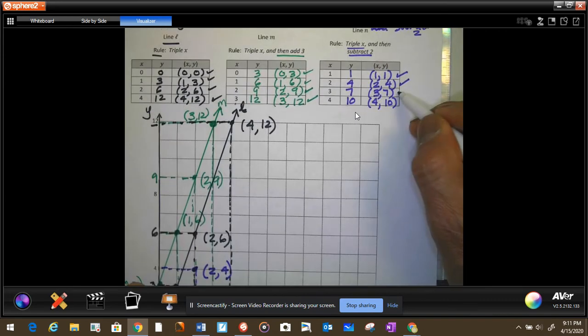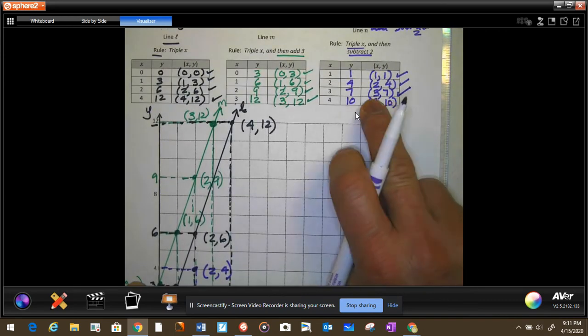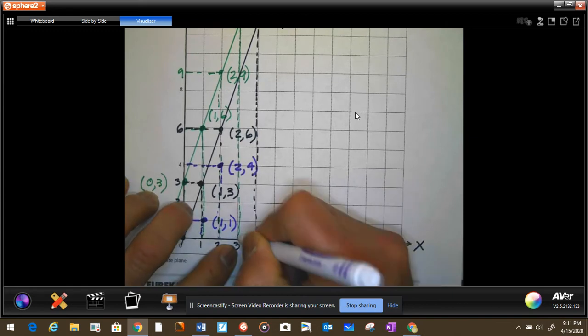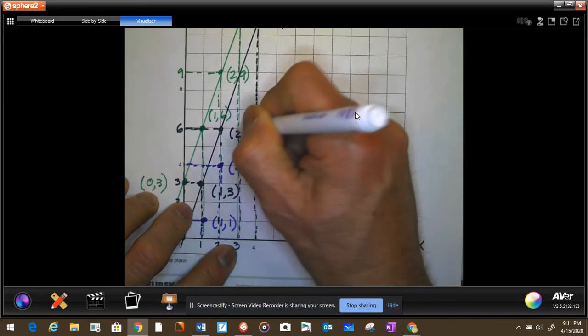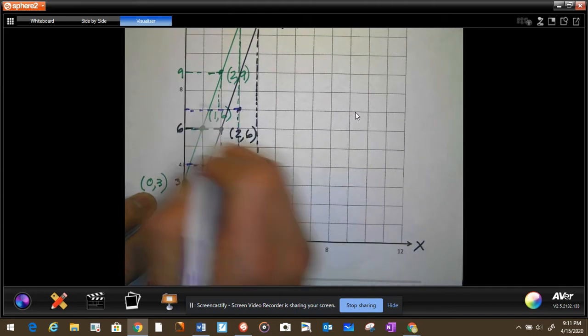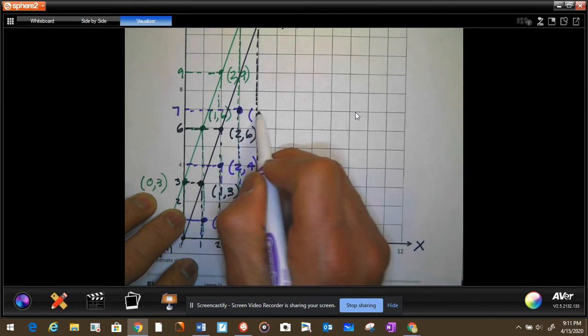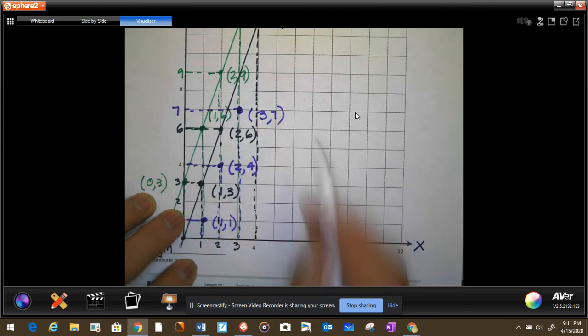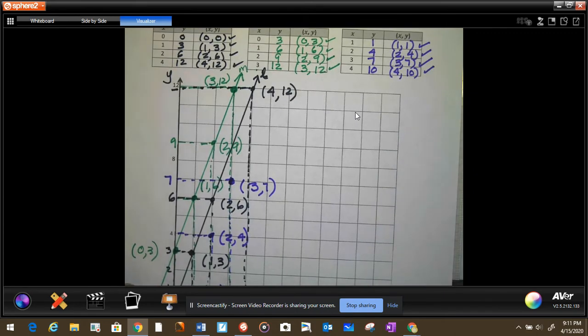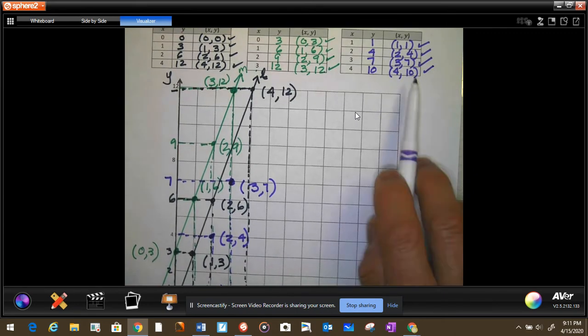Our next point to plot is (3, 7). So x is 3. We're going to run to 3 and jump to 7. So 7 is one more after 6, which is right here. And here's the point. I'm going to label it (3, 7). Our last point to plot on the coordinate plane is (4, 10).